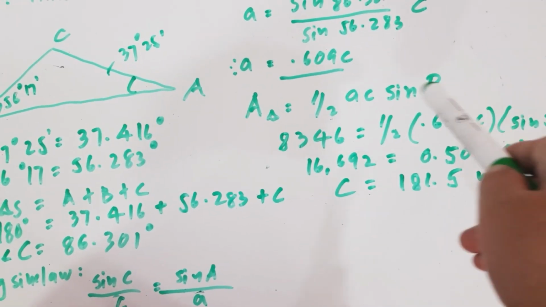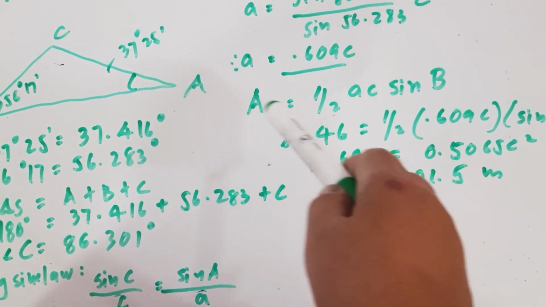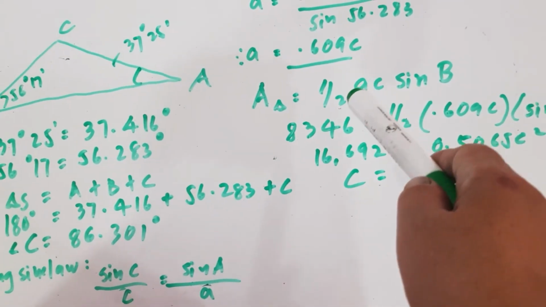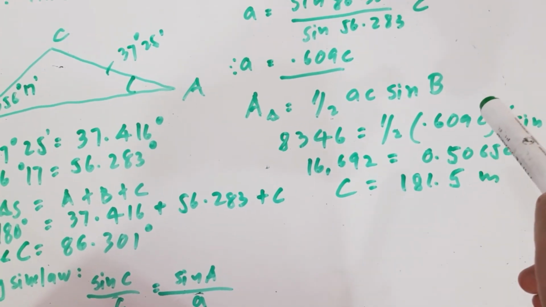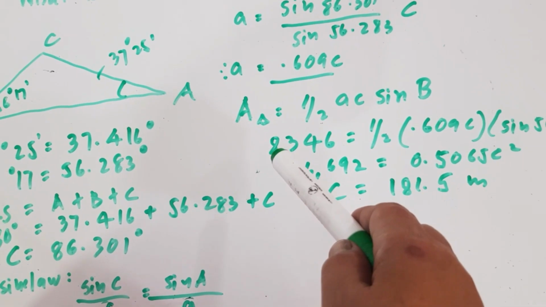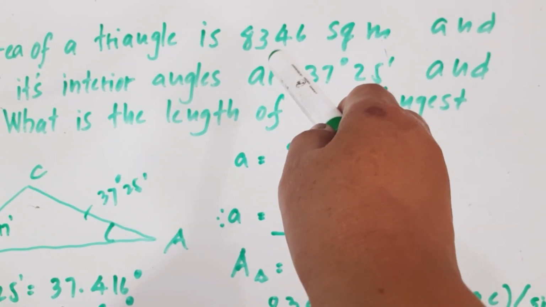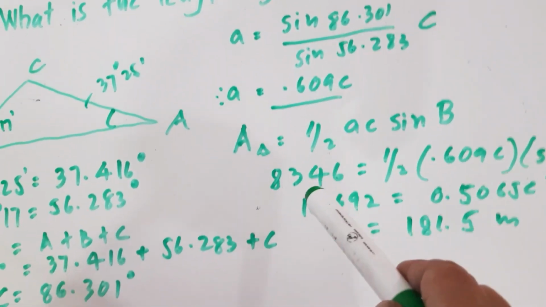Now, the area of the triangle is equal to 1/2 AC times the sine of B. Now, we have the given total area, which is 8,346 square meter.